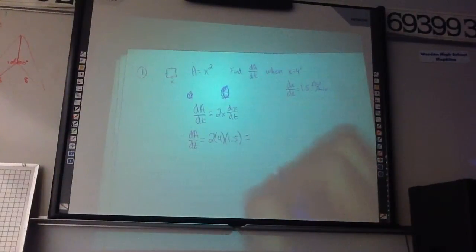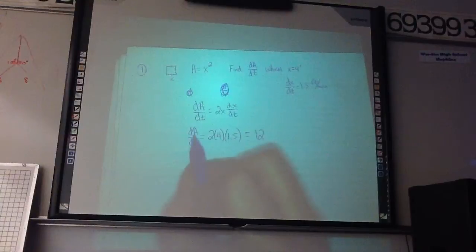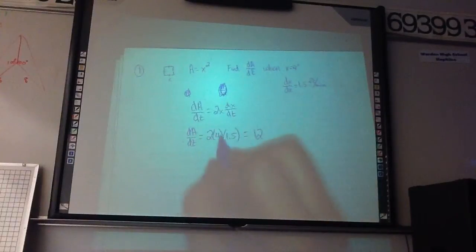It's 8 times 1.5, 12. What are our units? Gotta have units. Feet per minute. You could get your units by looking at this, if you know the units for area. Or we can get our units by looking at these numbers.